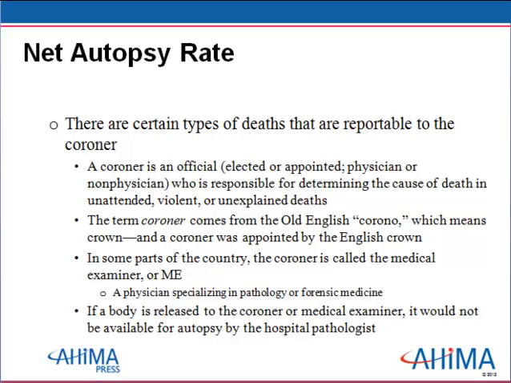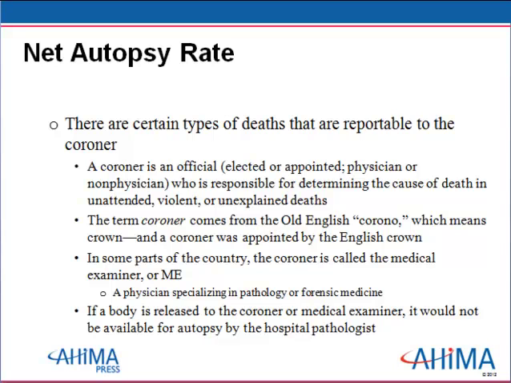Certain types of deaths are reportable to the coroner. A coroner is the official who is responsible for determining the cause, time, and manner of death. Coroners may have other duties depending upon the state. Some areas may call a coroner a medical examiner, but they are essentially the same thing, that person who is appointed to perform autopsies.